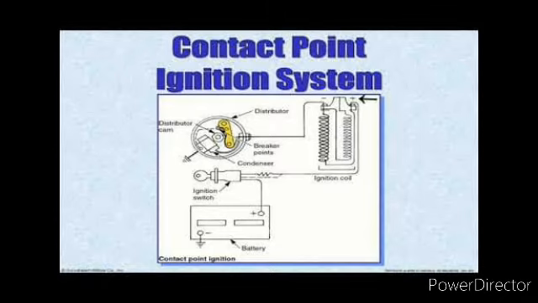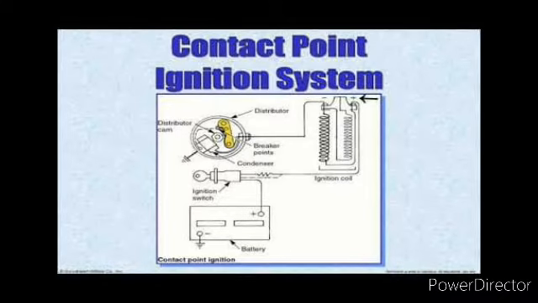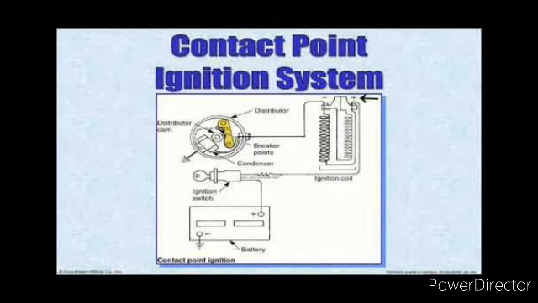The spring clip is electrically insulated from the distributor body so that the primary circuit is grounded only when the points are closed. When the points are touching each other, electricity runs from the battery through the coil and to the engine block, which is grounded to the negative terminal on the battery.